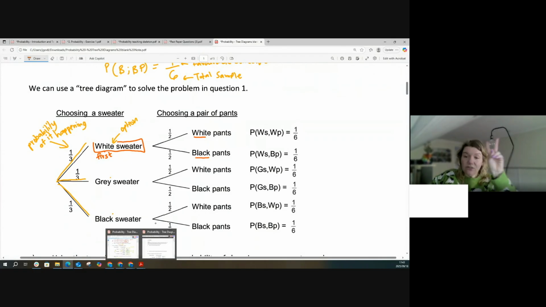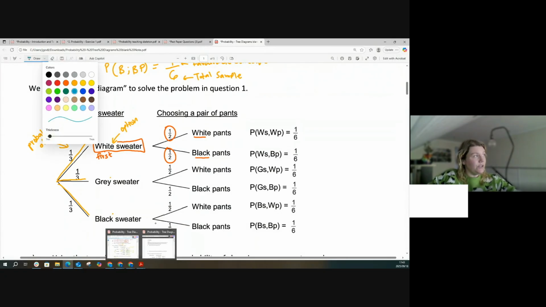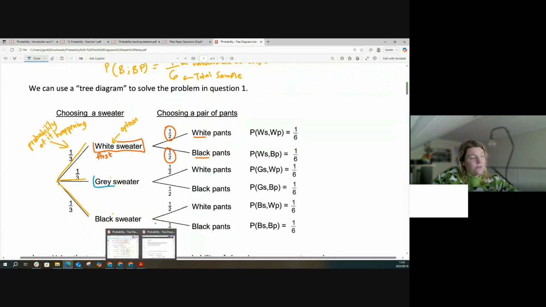And because I've got 2 different types of pants, I'm going to have a half of a probability of picking each of those. So that's what's happening here. In this situation, this person has first picked a gray sweater and then picks white pants. That's this outcome. Or picks a gray sweater and then picks black pants. That's that outcome. So we follow on the different outcomes that we have.